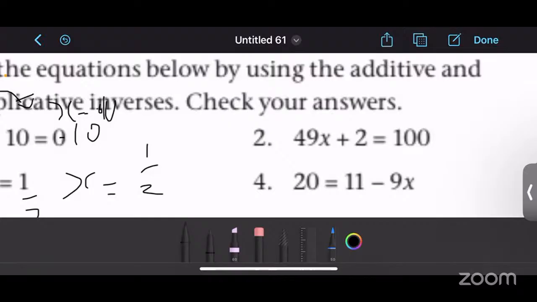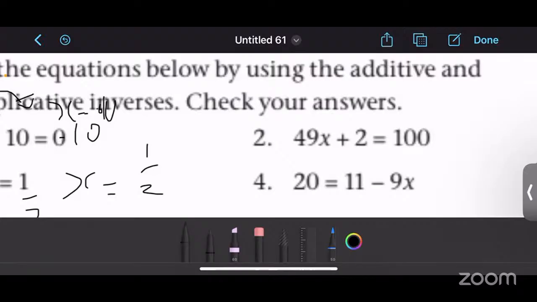Now do number 4 quickly before we end the lesson. I think we have a minute or so. We reverse. We say 20 plus 11, which equals 31.